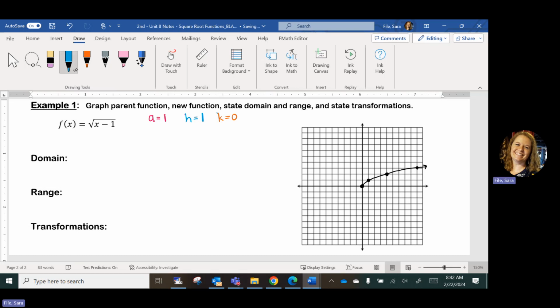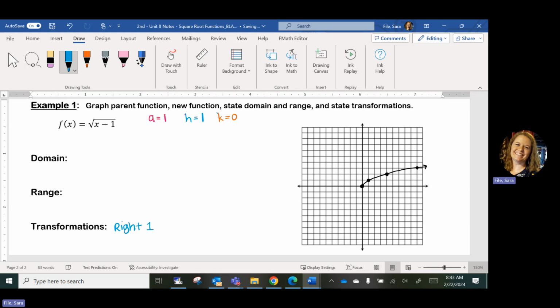Okay, so A, no transformation based on A. It's the same as it is in the parent function, just a +1. But H is my horizontal shift. Since H is 1, this is a shift right 1. And then since K is 0, that means there is no vertical shift. So my only transformation here is right 1.